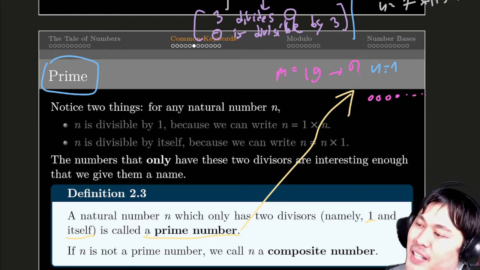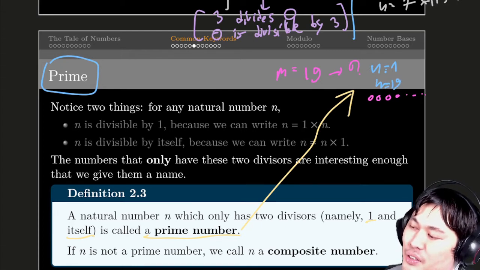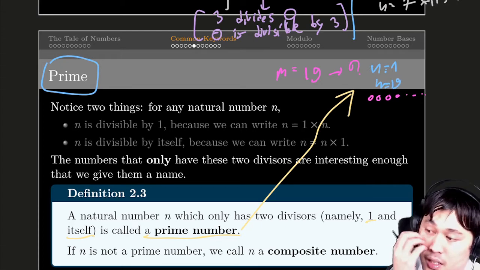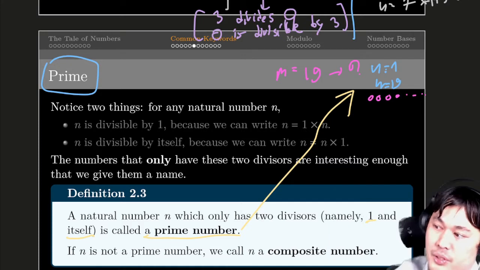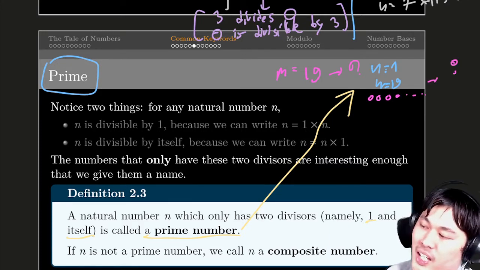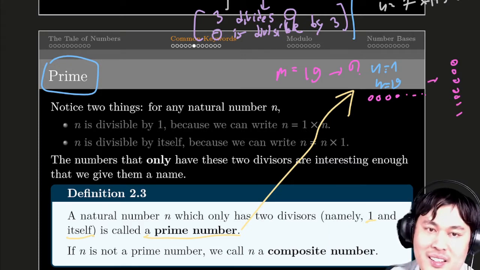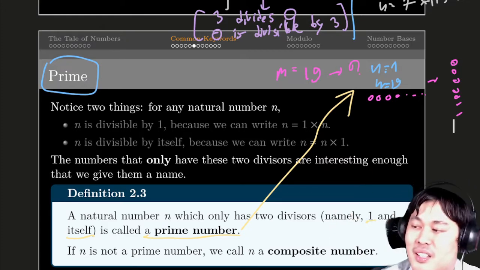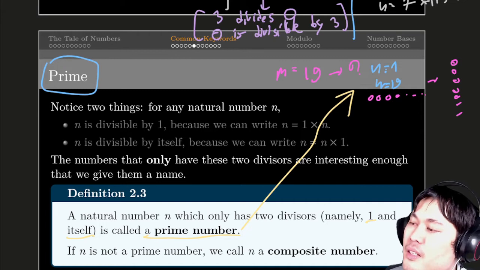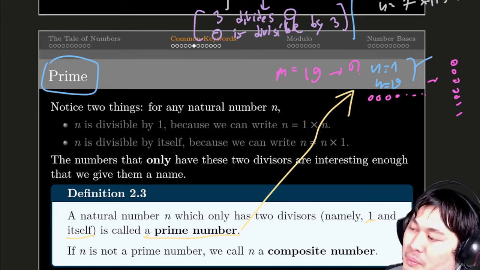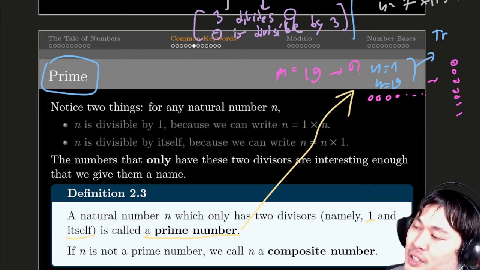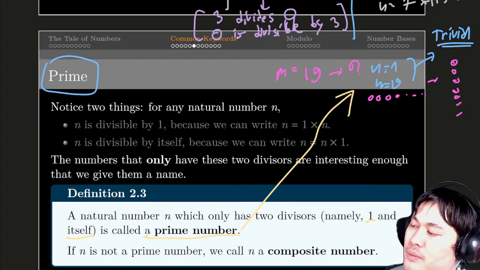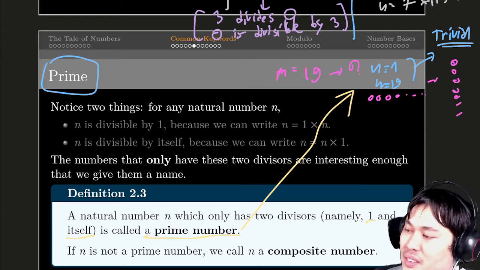But then we also have 19. It also works. If you have 19 objects and you want to divide them into 19 rows, sure, you can. You're going to get a tall column where each row has only a single object. So this is what we math people call trivial. It always happens.